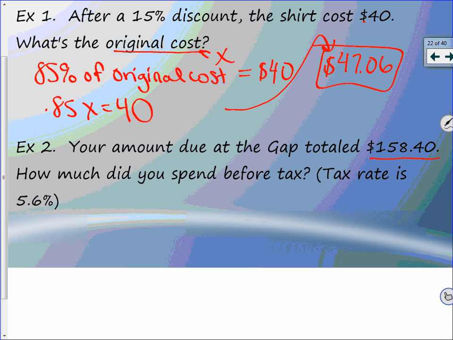Davian, did you have something? Yeah, I think we got to subtract 5.6% from that. How do you do that? Well, with 5.6 is out of that, you can multiply it. By what?